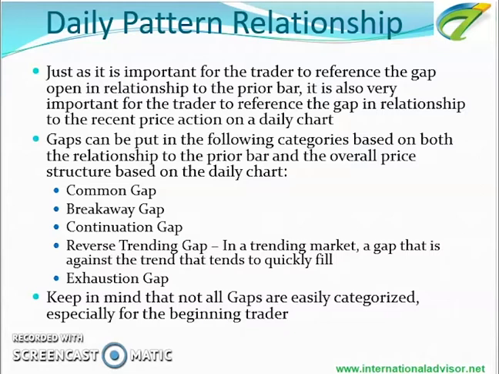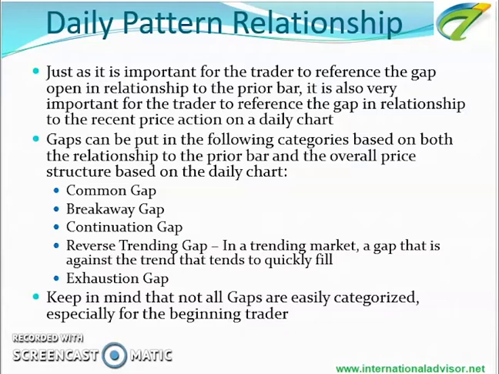Gaps can be put in the following categories based on both the relationship to the prior bar and the overall price structure based on the daily chart. These are common gaps, breakaway gap, continuation gap, reverse trending gap, exhaustion gap.